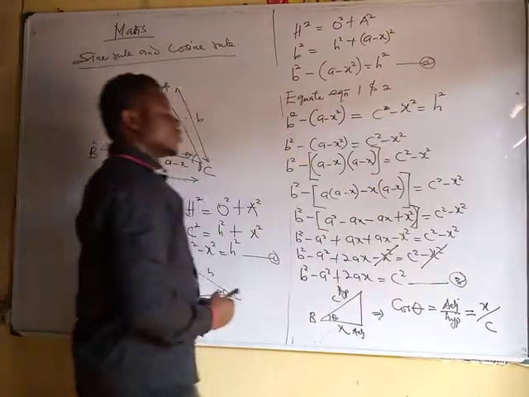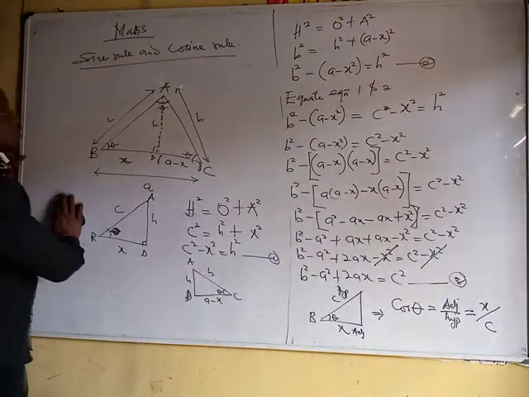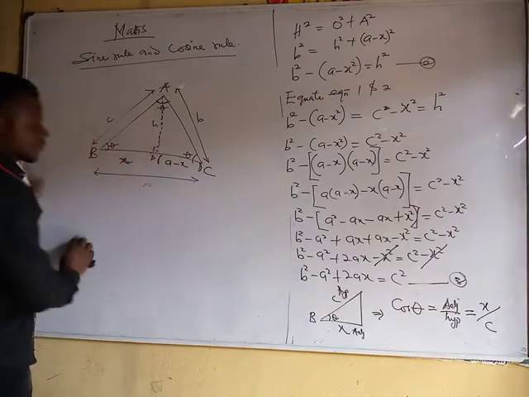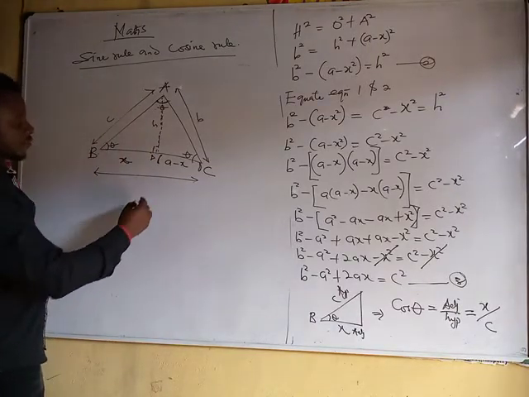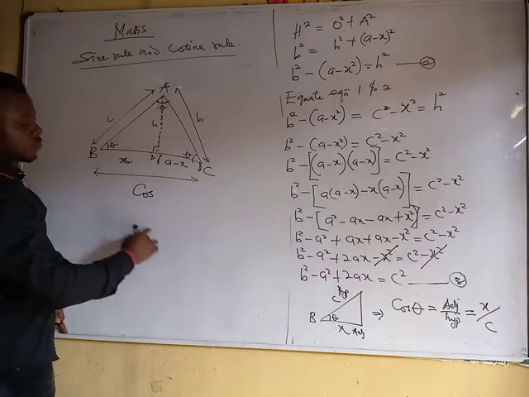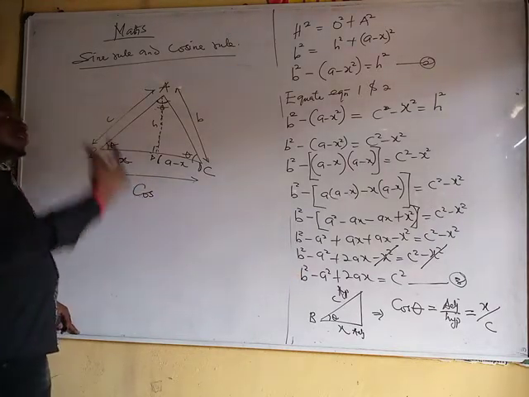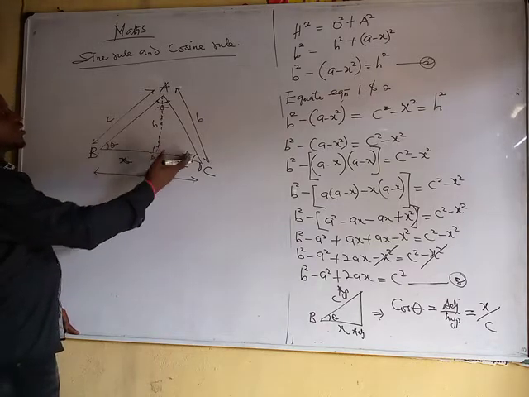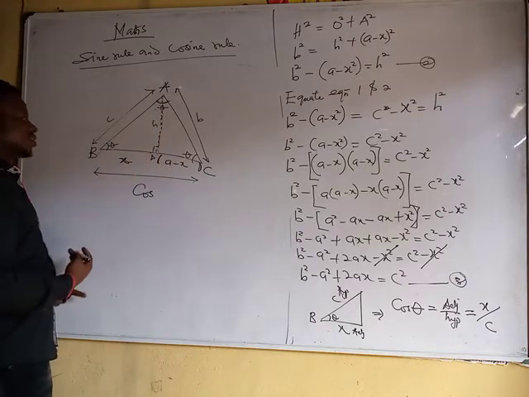Now, in this case, what can we have? We are going to have that cos of, remember, we said we use capital letters to represent angles. Because here is theta, theta, theta, we want to differentiate the thetas.